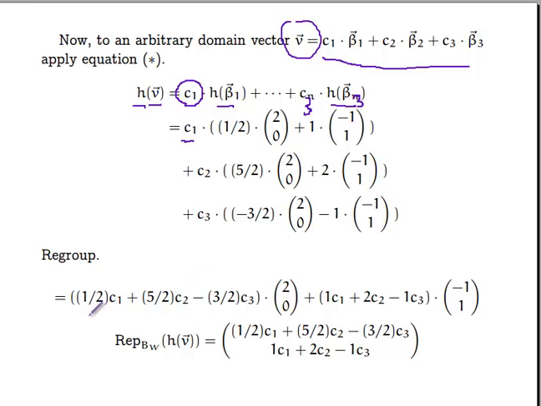So in the end we have some constant times 2, 0, which is the first basis vector, plus some constant times the second basis vector. Now, if we wanted to write the representation of this vector in terms of the two basis vectors, we want to write the coordinates. So the first coordinate is this, second coordinate is this. All right, so that's the result of the linear transformation in terms of the coordinates relative to the basis BW.